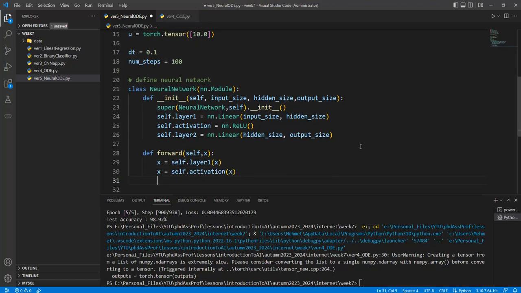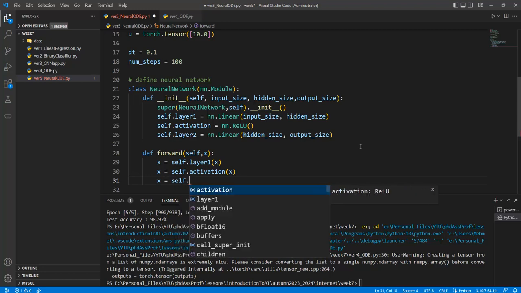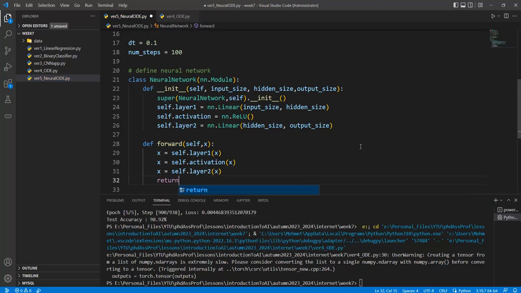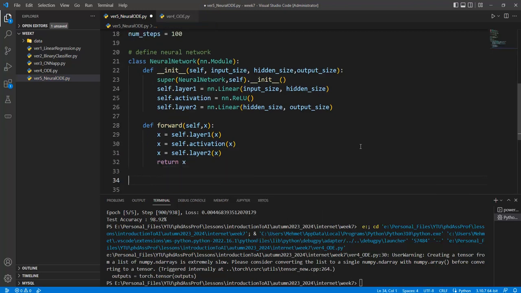And after that we need to define the output layer with x equal to self.layer2(x), and we can return x, okay?